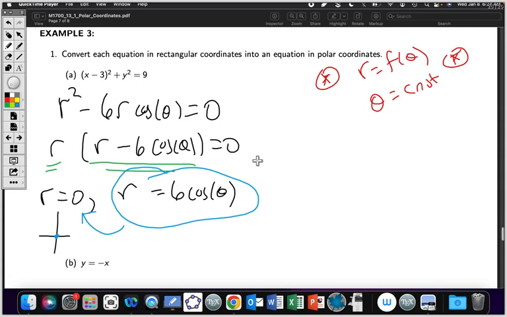So this is the one we would select here, because r equals 0 is going to come out from this. We're going to recover that point when we graph this equation. We know that r equals 0 can't be all of it because we know the thing's a circle. We'll talk more about starting with this and graphing to get the circle in the next section.